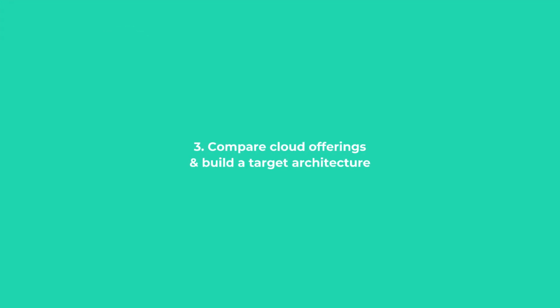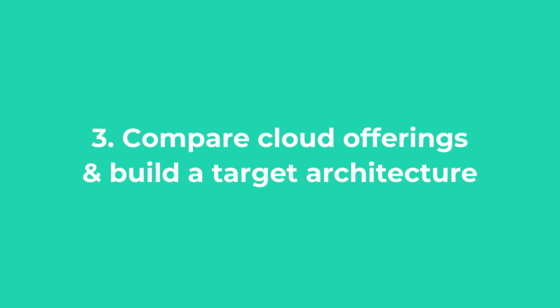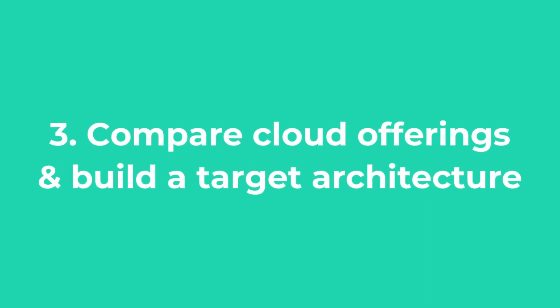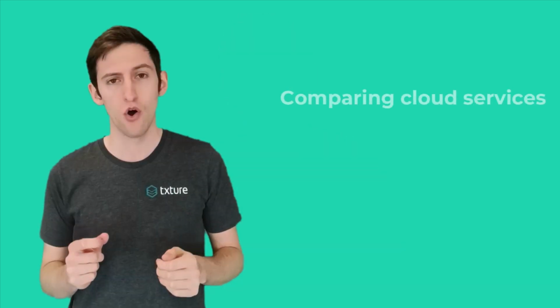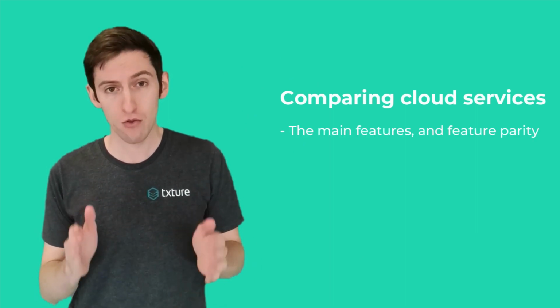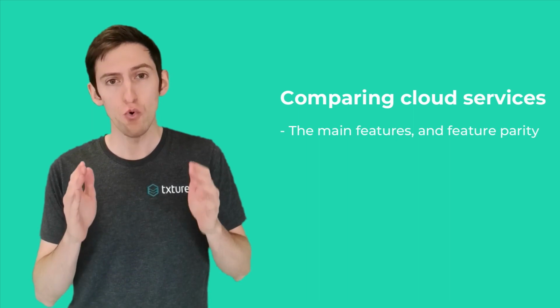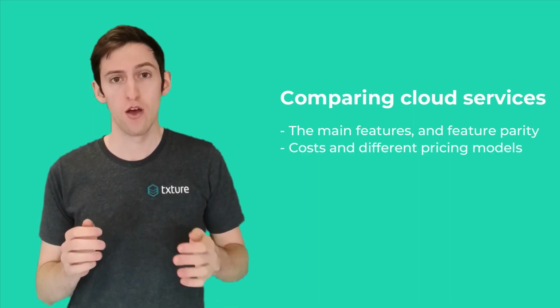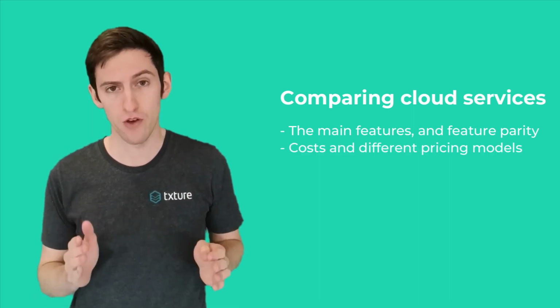Now let's see how to compare cloud services and start to build your cloud target architecture. It's no overstatement to say there is a wide range of cloud services offerings on the market. So which information should you look for to compare them properly? Let's have a look at the most important aspects. Of course, you should compare the main features of the cloud services and check the feature parity, but you should also analyze the costs and the different pricing models of the cloud services.